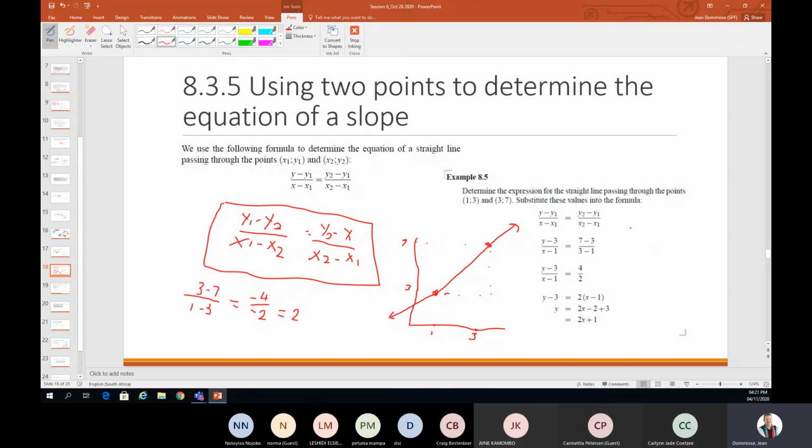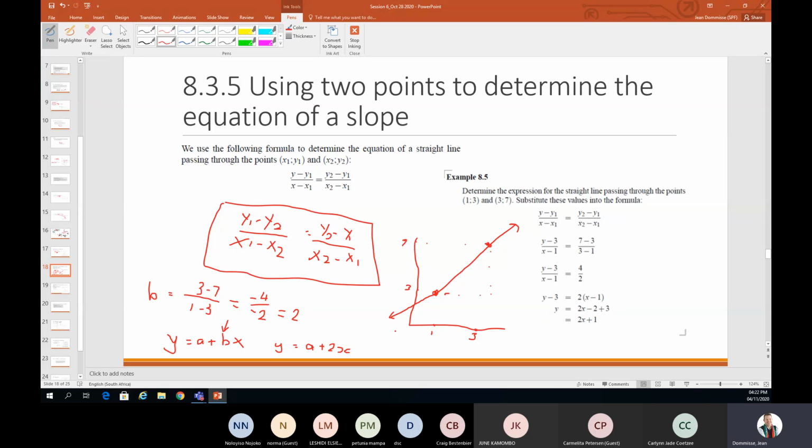So here they are doing a different method. But what I now want to show you is, so this was the slope that we calculated. Okay, so remember your formula is y is equal to a plus bx. So we have b. So we can then say y is equal to a plus 2x.